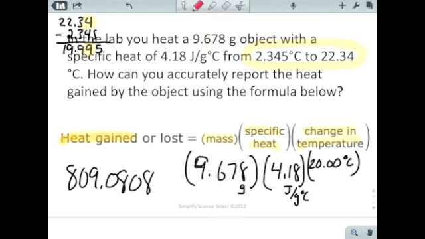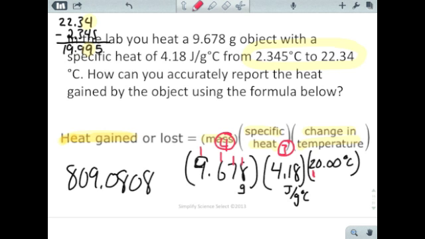Okay, so when we're looking at this, what we'll see is our least number of significant figures. This has 1, 2, 3, 4 sig figs because they're all non-zero digits. The 4.18 is going to have 3 significant figures because they're all non-zero digits. And then our 20.00, we know the 2 is significant, and the zeros are following a non-zero digit with a decimal, so therefore those are significant as well.